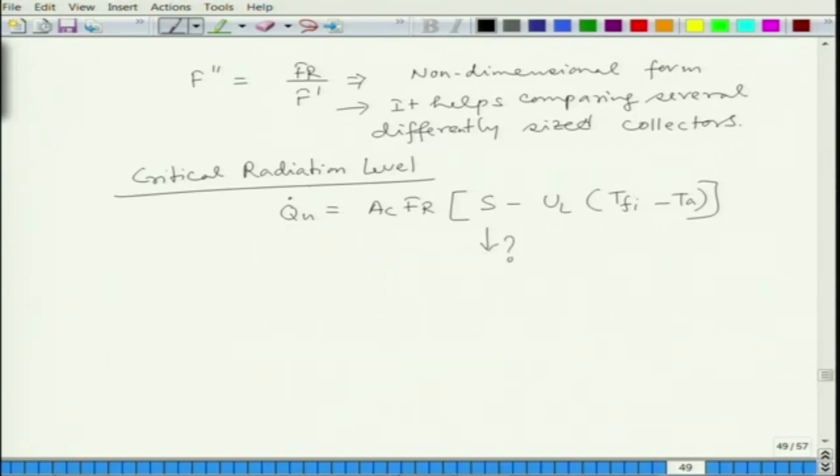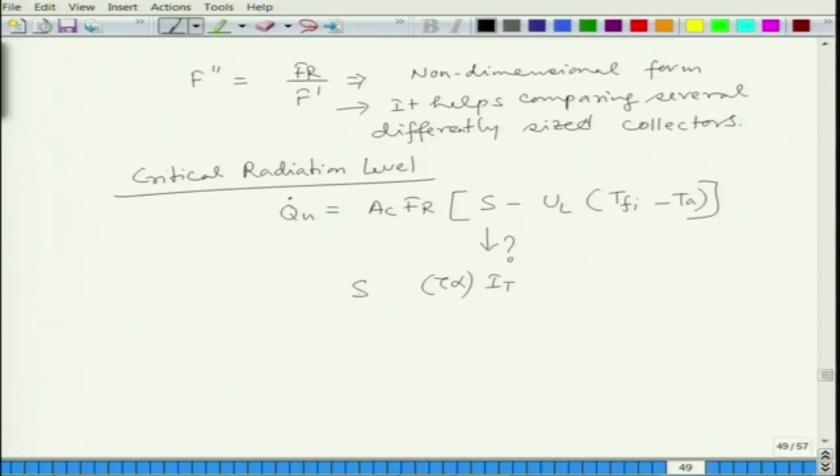Now, what is this S? S is the rate of absorbed heat from the solar radiation, right. So, we can write it in terms of this effective tau alpha into the intensity on the tilted plane. Okay.